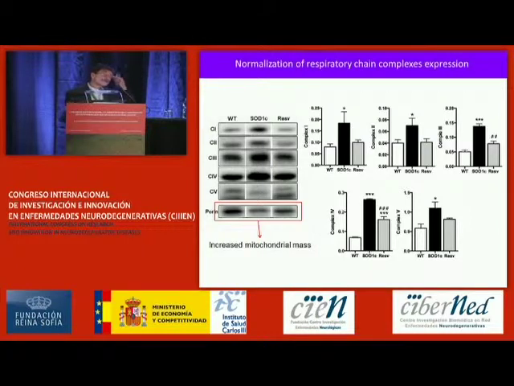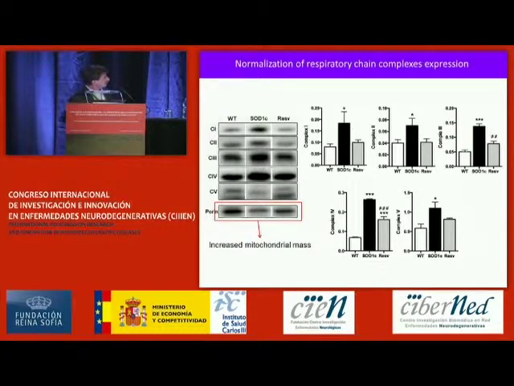Interestingly, in a cooperation, this study was made in the laboratory in Lleida of Dr. Manuel Portero. He looked at the respiratory chains because resveratrol has also some antioxidative effect. So we wanted to look at the mitochondrial function.